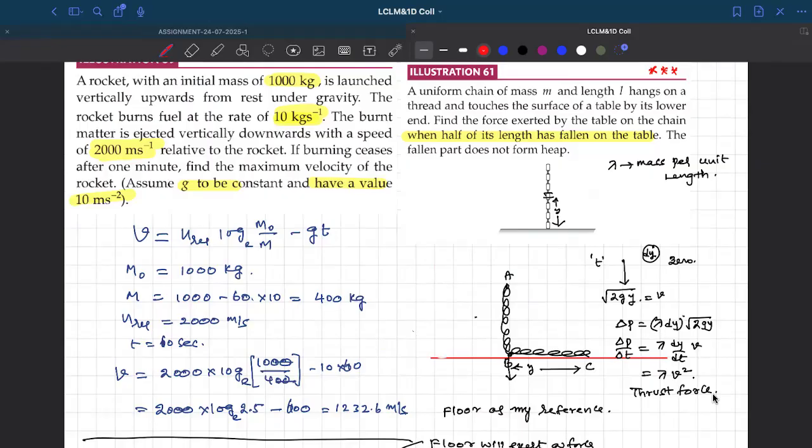See, when it is mentioned 2000 meters per second relative to the rocket, you should consider that this is almost a constant. Okay? If burning stops after 1 minute, find the maximum velocity of the rocket. That's what the question is. Okay? Without seeing the solution, just try on the basis of the previous equation.